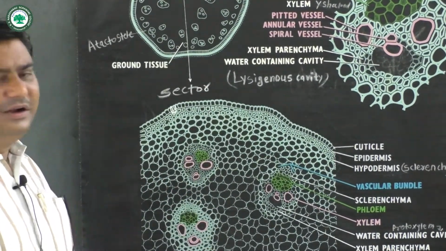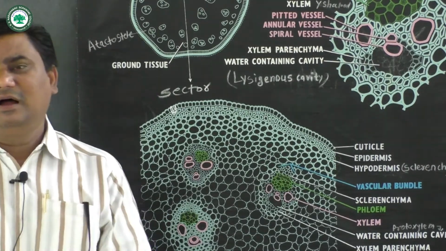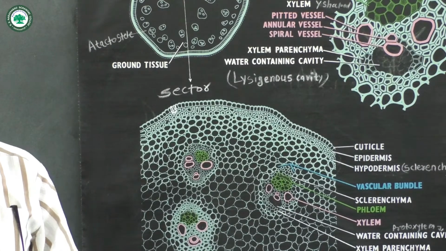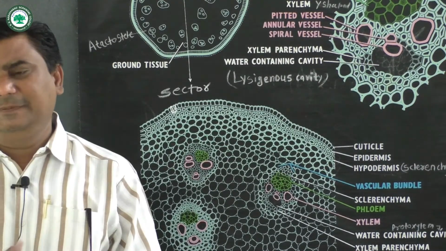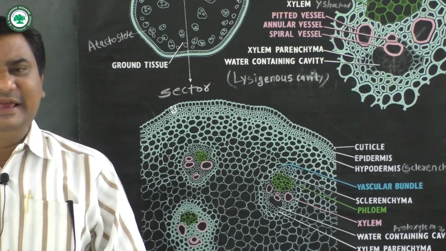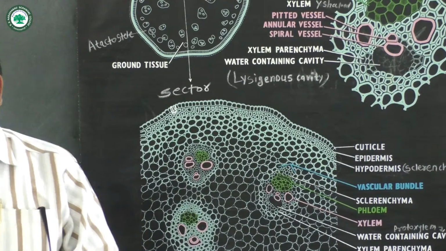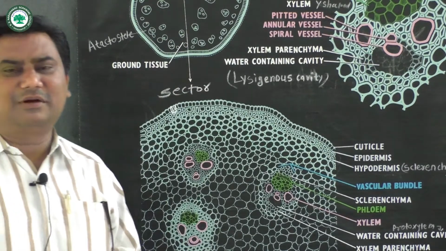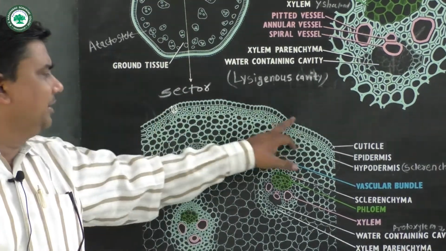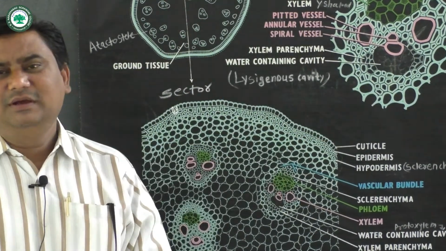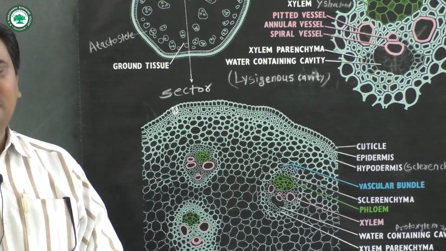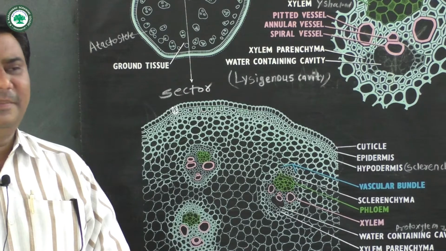Then what is the difference between the monocot and the dicot stem? We shall see one by one. Comparing the epidermis, in the monocot stem the epidermal cell is smaller in size as compared to the dicot.